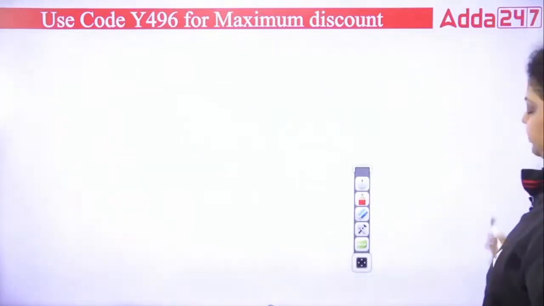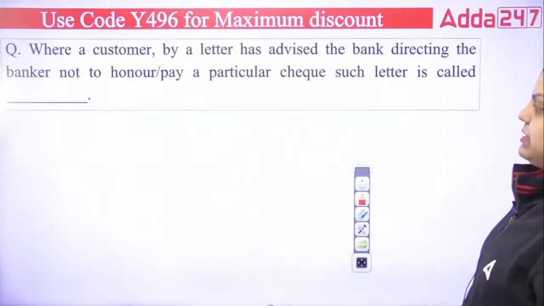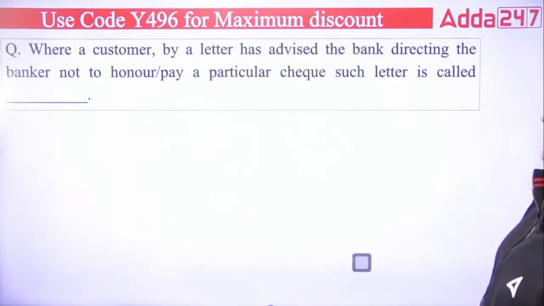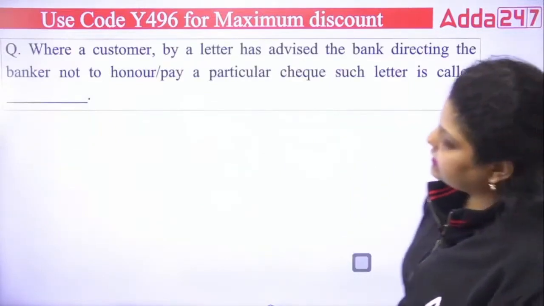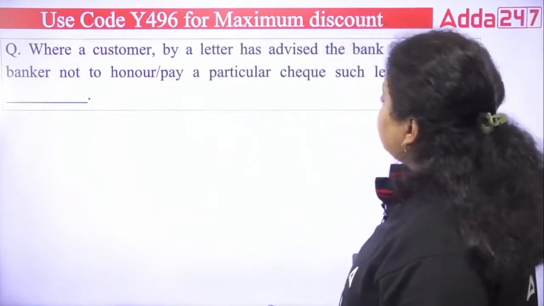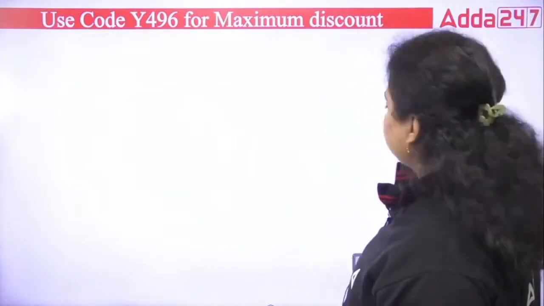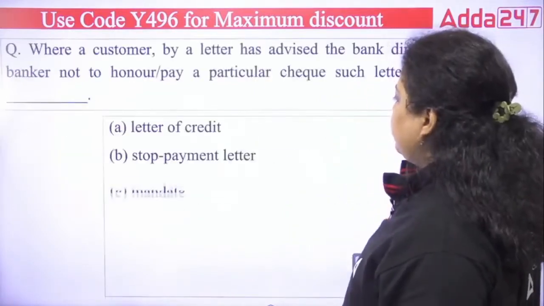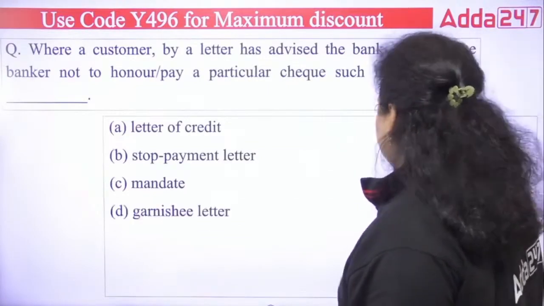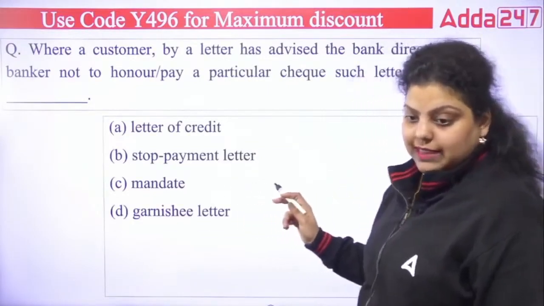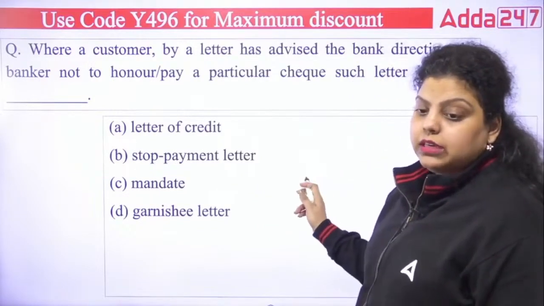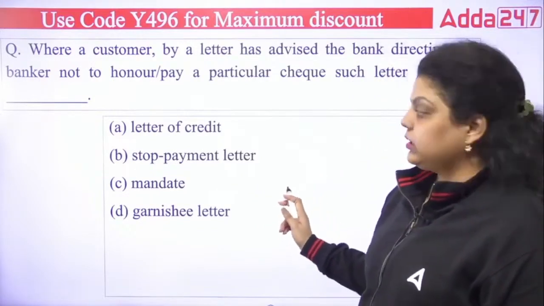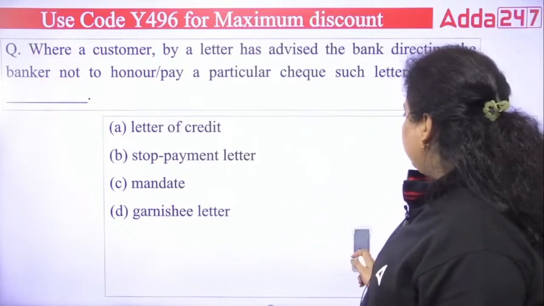Next. The second question is saying: where a customer by a letter has advised the bank directing the banker not to honor or pay a particular check, such letter is called dash. First is letter of credit. Second is stop payment letter. Third is mandate. Fourth is garnishee order.